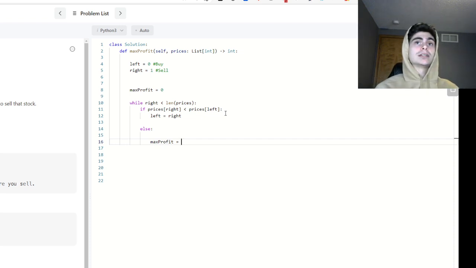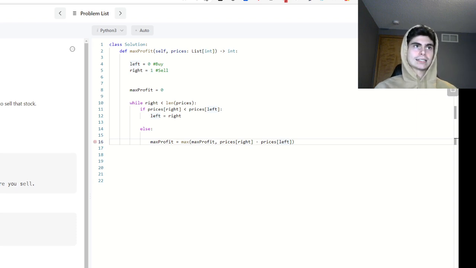So max profit is just going to be max. We'll take the current max profit and compare that to prices right minus prices left. Like in this case, we would compare, okay, is 6 minus 1 greater than whatever the current profit was?